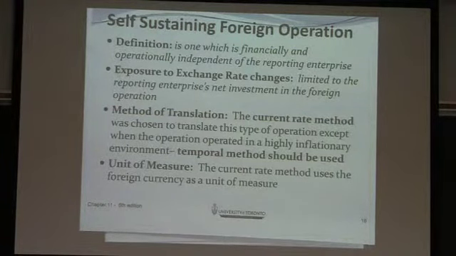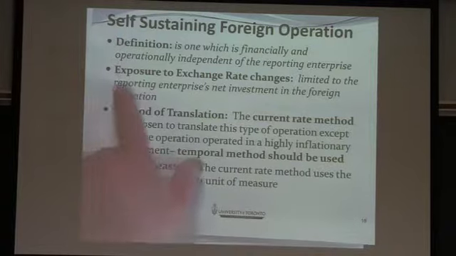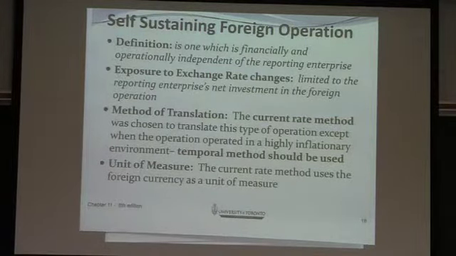So think about the financing, the investing, and the operating activities of the business is really independent of the parent. Exposure to the exchange rate changes is limited to the parent's investment, which AKA would be the shareholder's equity.